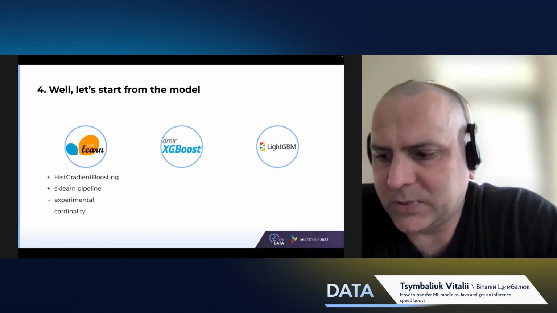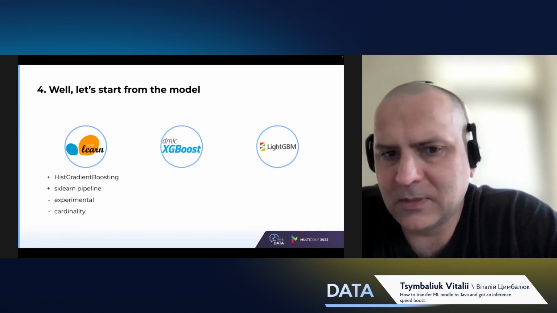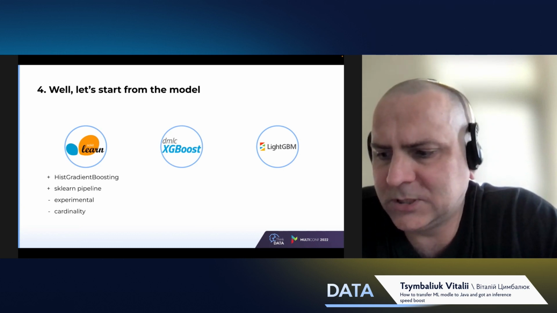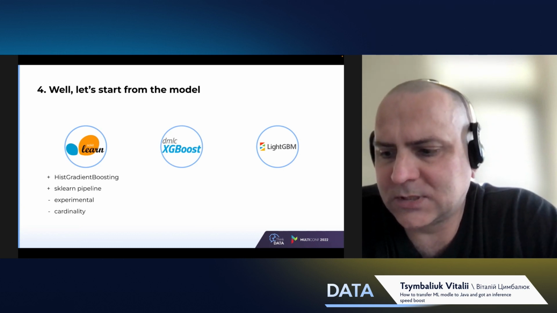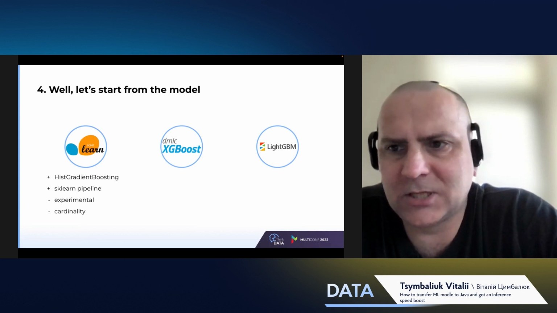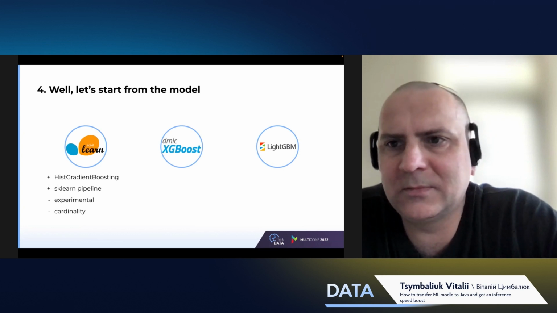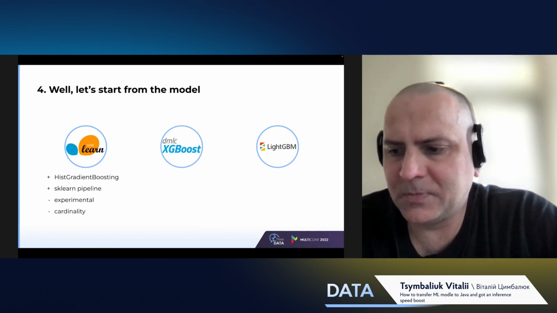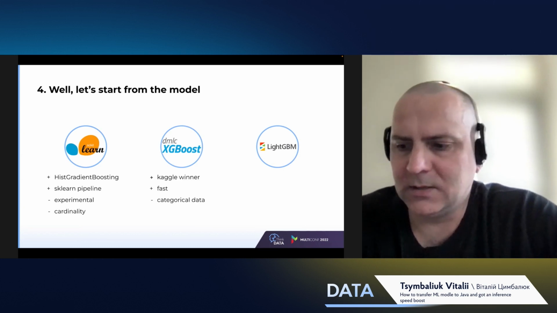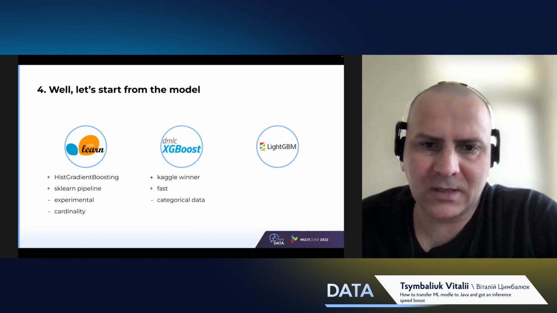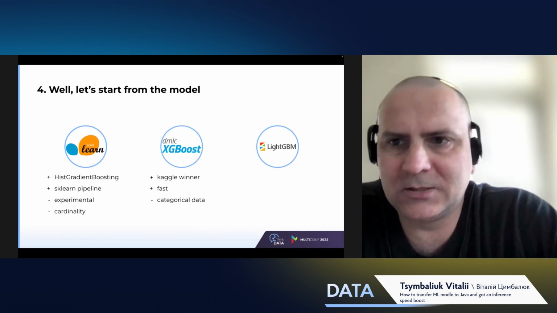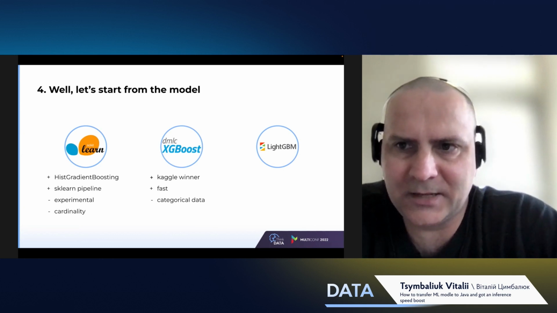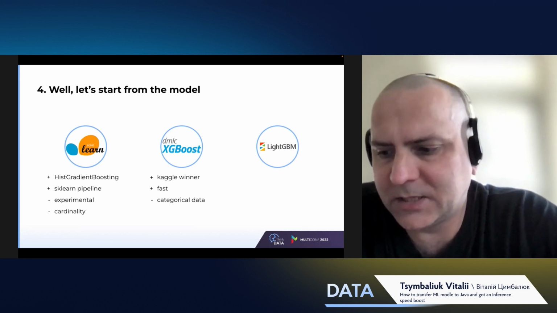We can solve that by reducing the cardinality, adding some implementation, but that always leads to loss in accuracy and adds complexity with data preprocessing. So we moved to XGBoost. XGBoost is another Kaggle winner. It's very fast, and what is good is that it has categorical data support, currently experimental.